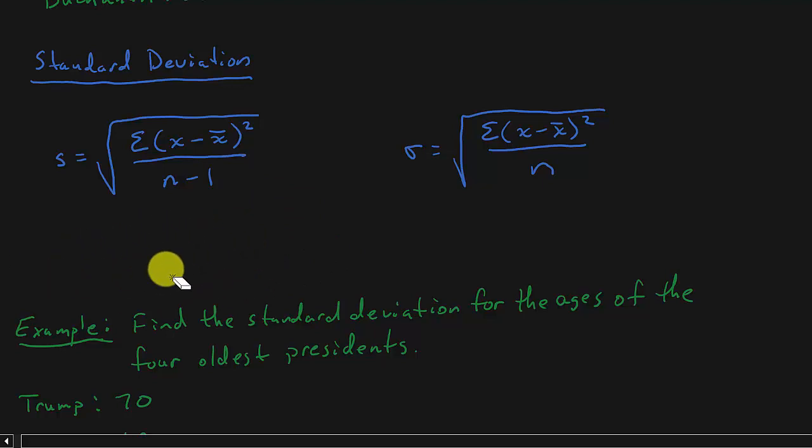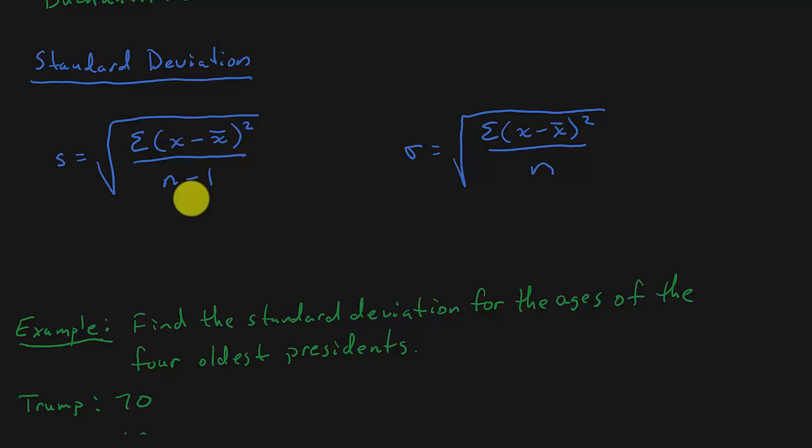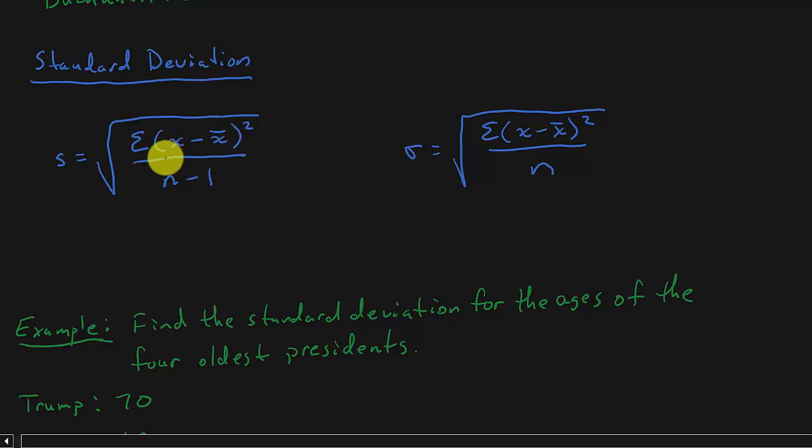The reason I'm using this one is because that's the one the book uses for the contemporary math class. But it's not difficult to do. All this means is you find x minus x bar, you square each one, then you sum them up, and then you divide by n minus 1.